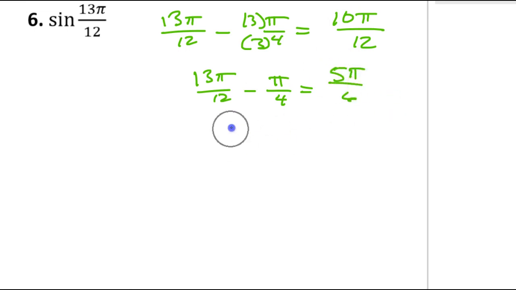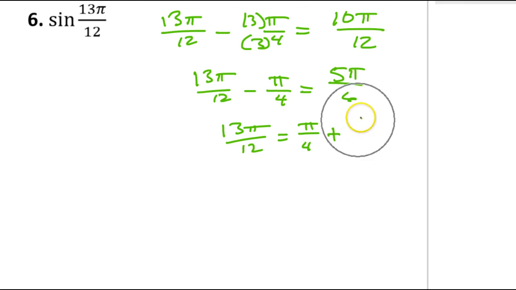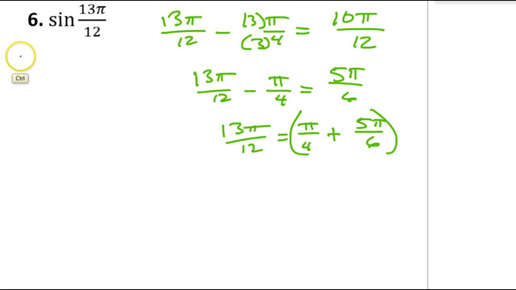Adding pi over 4 to both sides gives me 13 pi over 12 equals pi over 4 plus 5 pi over 6. So this is the substitution that I can now make. So this is the same thing as the sine of pi over 4 plus 5 pi over 6.